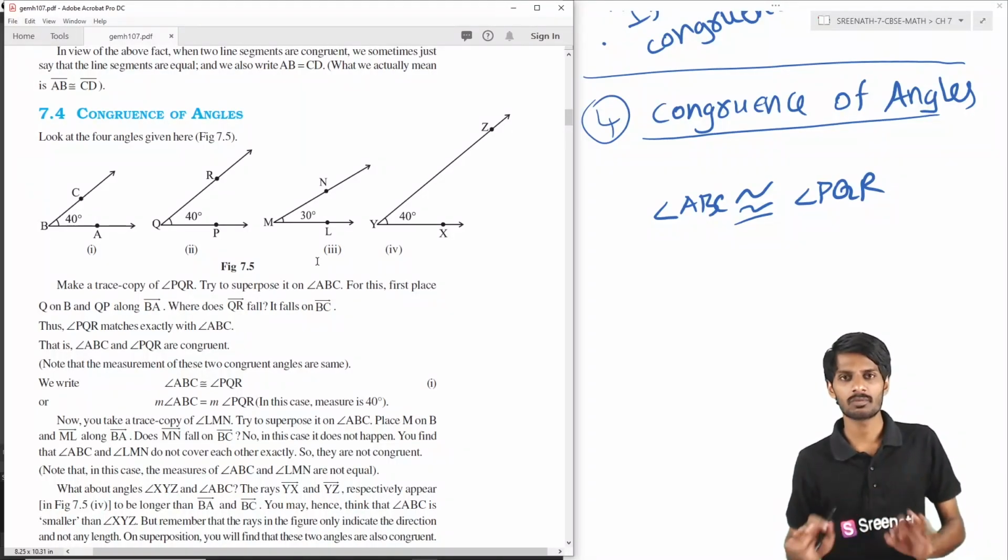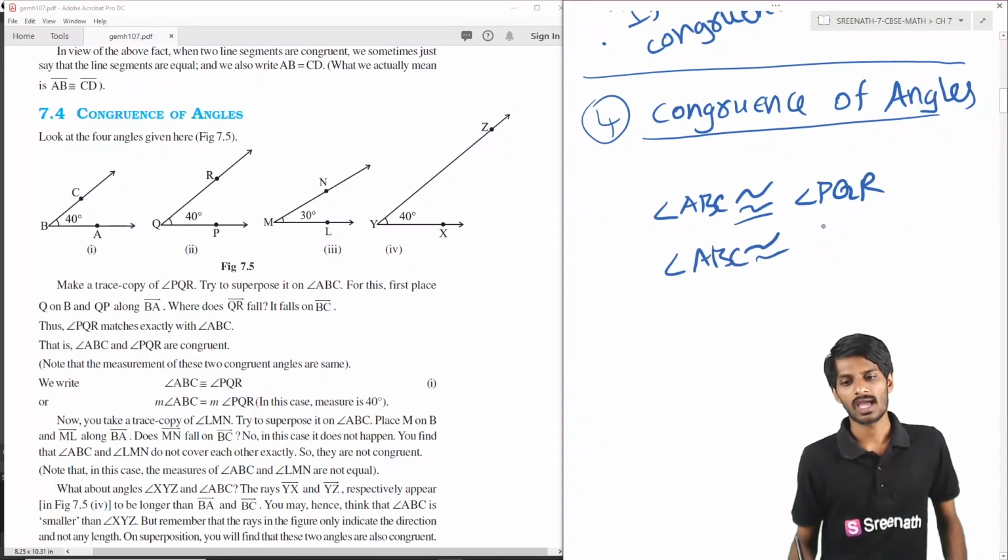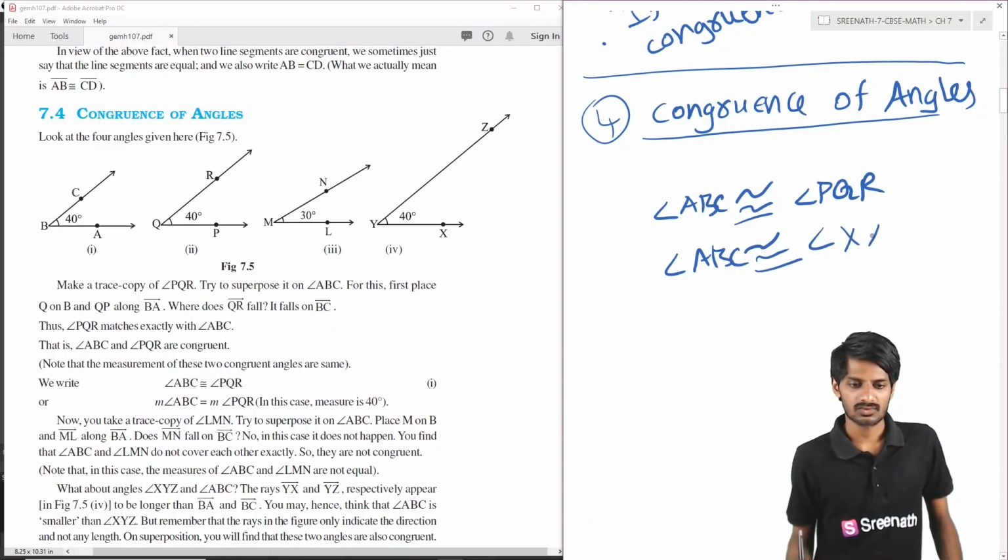Does it have the same shape or not? It has the same shape. So whenever the angles are equal, you can say that angle ABC is congruent to angle XYZ. So these two angles are congruent, students.